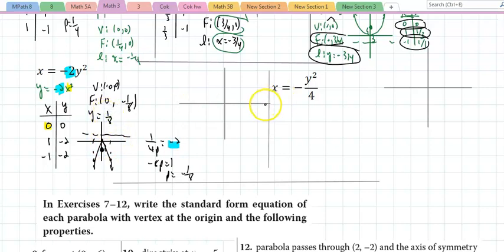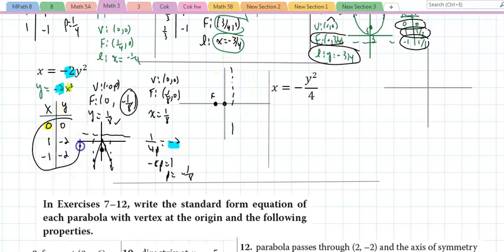Well, to get to the actual graph, switch x with y. The actual vertex is 0, 0. The focus is at negative 1/8, 0. And instead of y equal, if you switch x with y, x equal 1/8. So I have a vertex at 0, 0, negative 1/8, 0 is the focus, and 1/8 is the directrix.